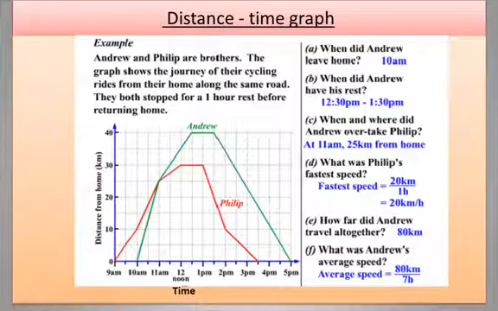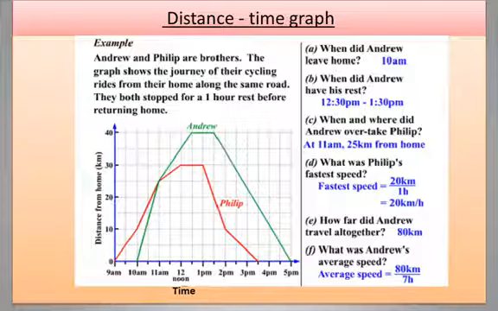Now, what was Philip's fastest speed? Philip started at 9 a.m. and reached back home at 3:30 p.m. And Andrew started at 10 a.m. and reached home at 5 p.m. So what is the fastest speed of Philip? We will see when Philip was returning from rest, from 30 kilometer down toward home.